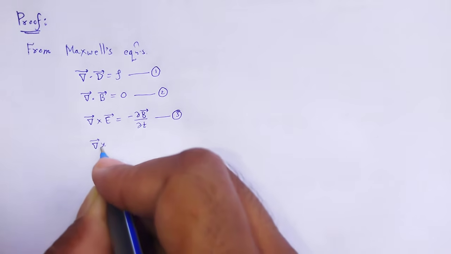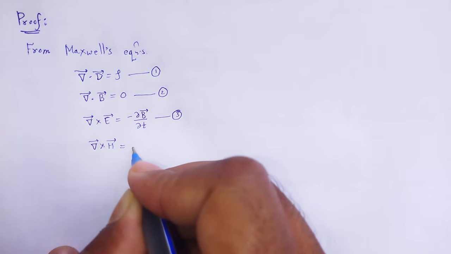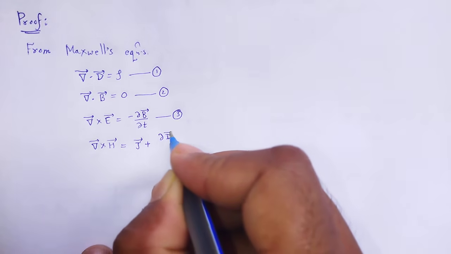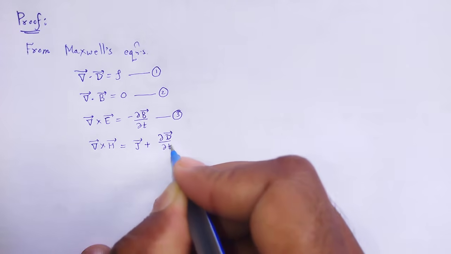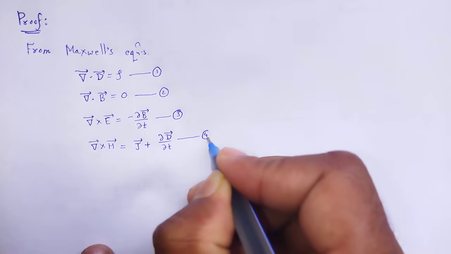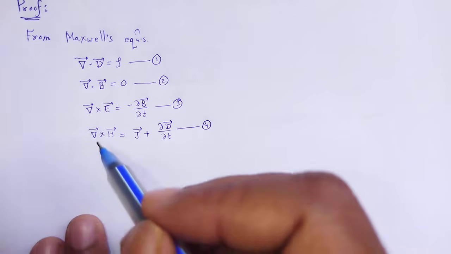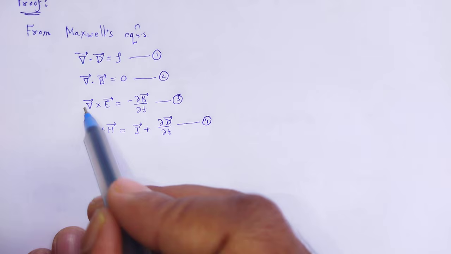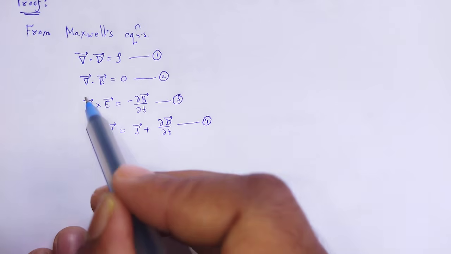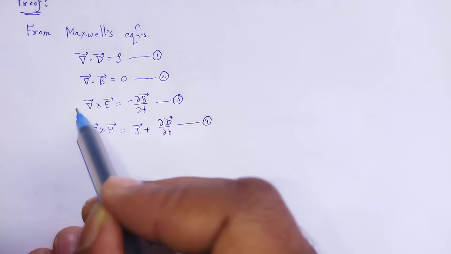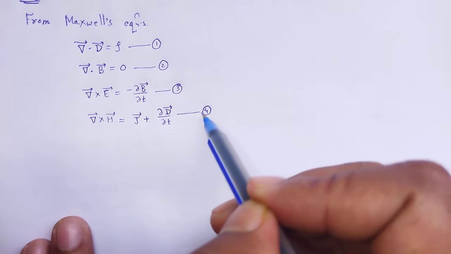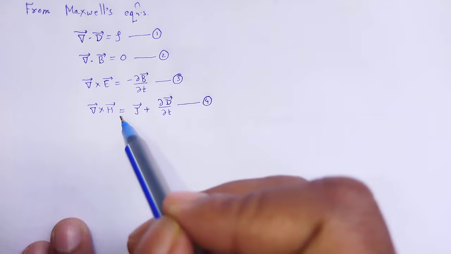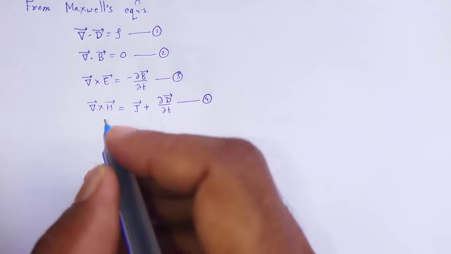Fourth equation, grad cross H is equal to J plus del D by del t. Now we have to take equation number 3 scalar product with H and equation number 4 scalar product with E, and subtract.